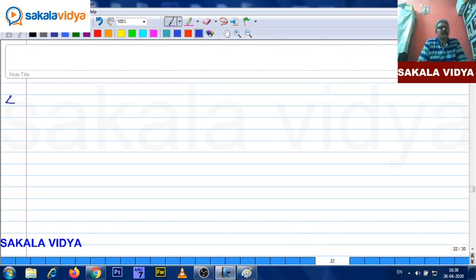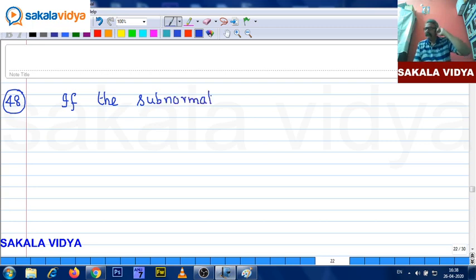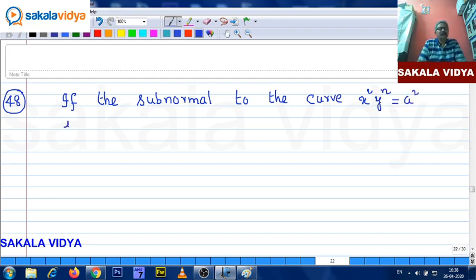Question number 48. If the subnormal to the curve x square y to the power of n equals a square is constant, then what is the value of n?